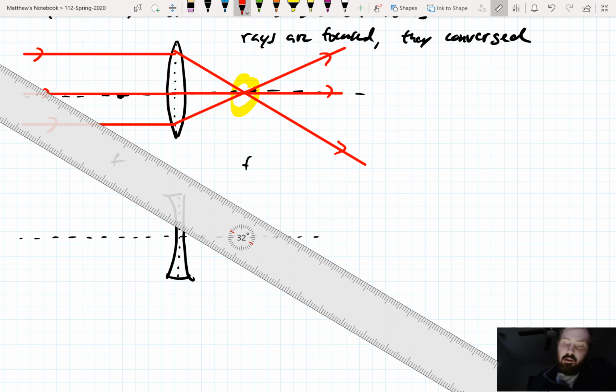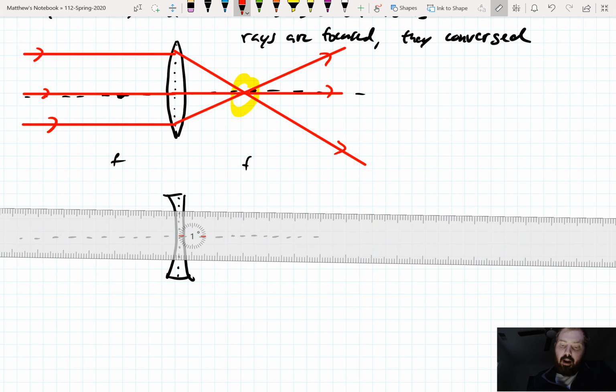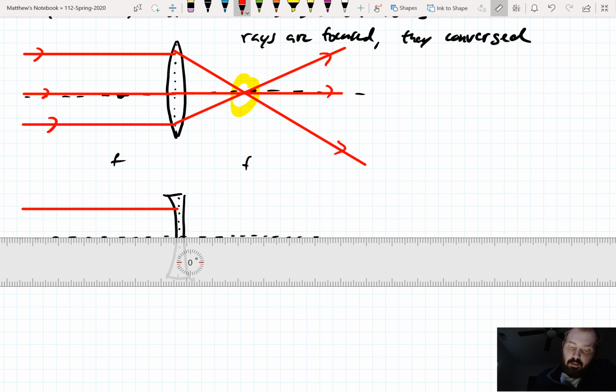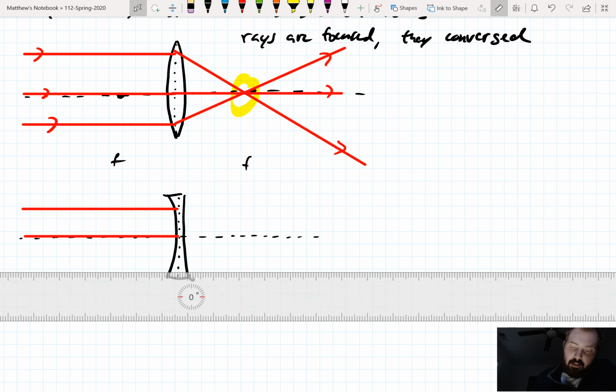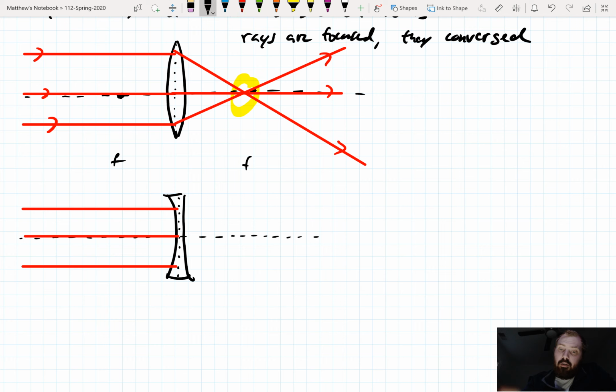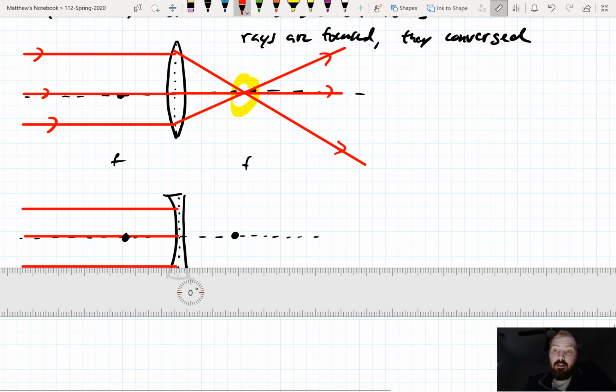So once again, shoot in our rays, nice and parallel incident rays. One above, one on the optical axis, and one beneath. Now let's get our focal points here. So what do you do? You refract with respect to the second focus, which for a diverging lens is the opposite side.